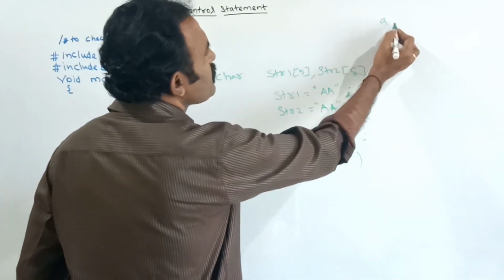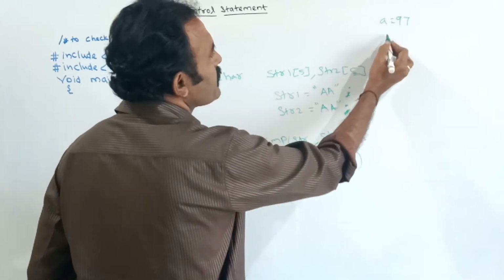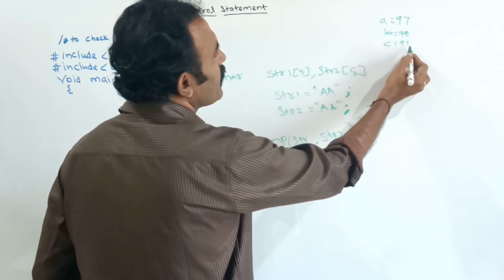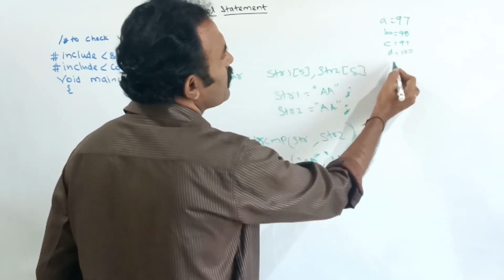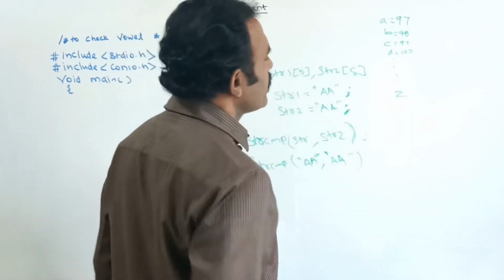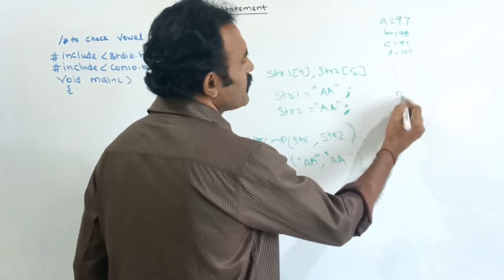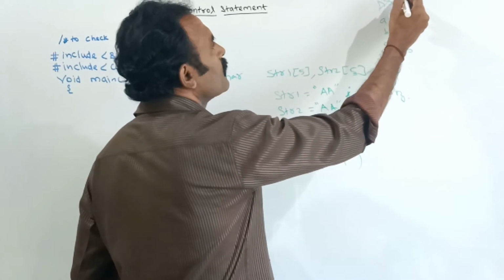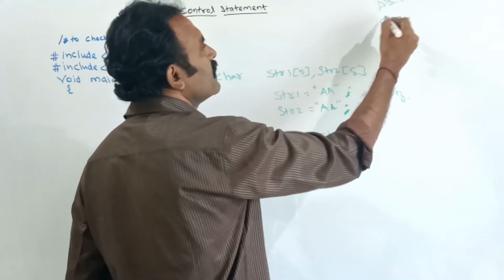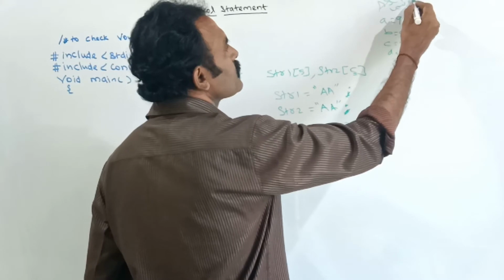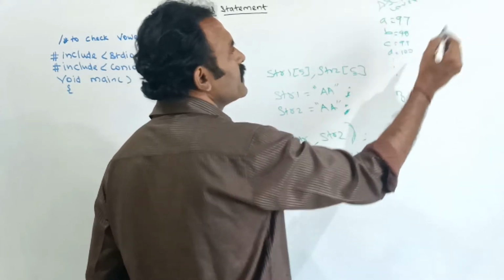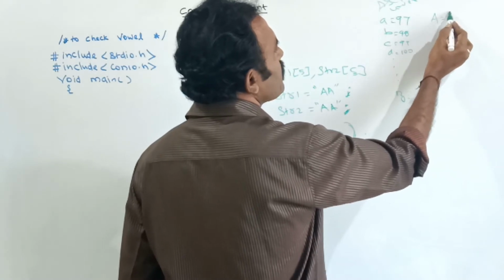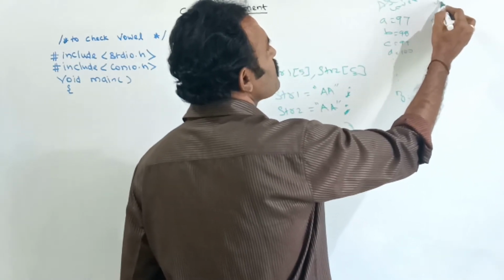Suppose if it is a small letter a, the ASCII value is 97, small letter b 98, small letter c 99, small letter d 100, up to z. The lowercase letters have these ASCII values. In the same way, for uppercase letters, if it is capital letter A, then the ASCII value is 65. This is for uppercase.